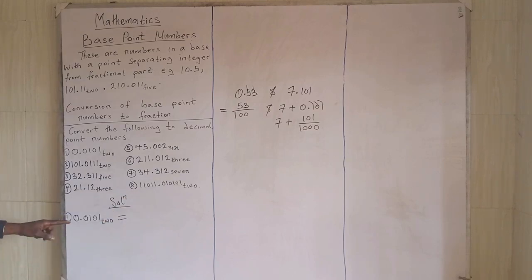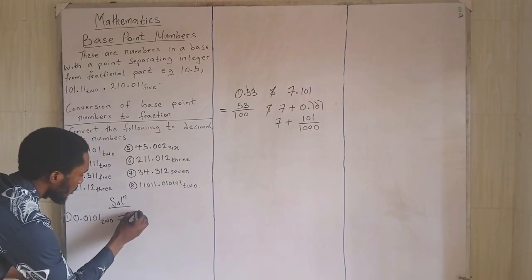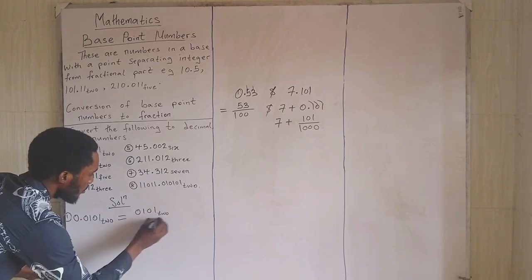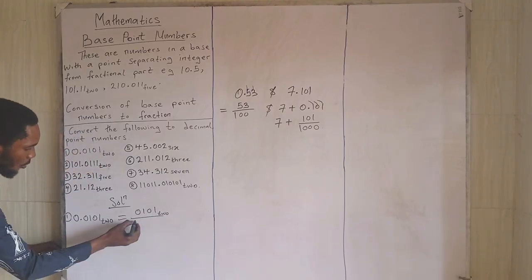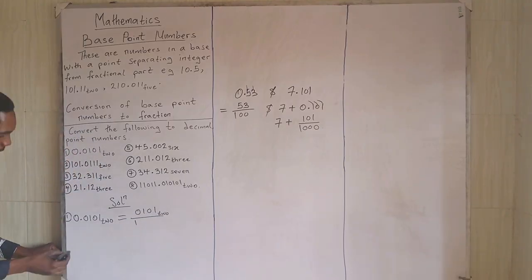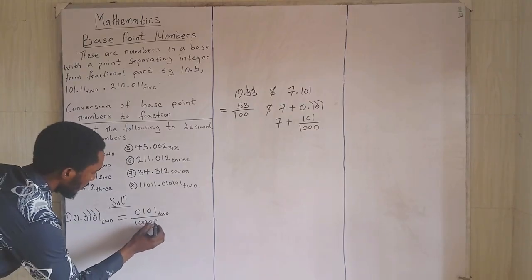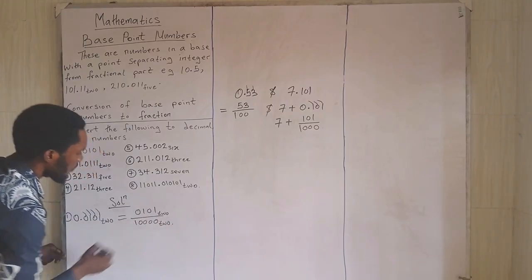Example 1, 0.0101. The number after the point is 0101 base 2, over 1. How many digits are after the point? 4, also in base 2.